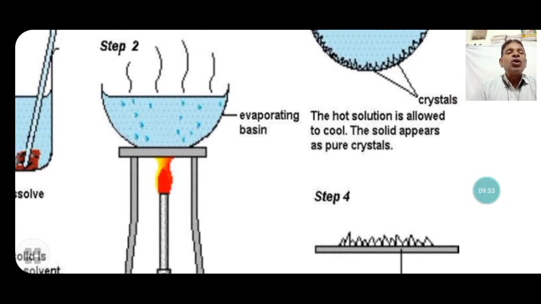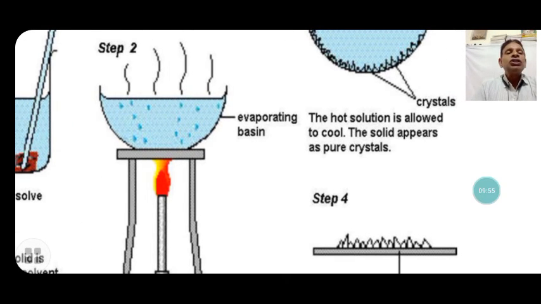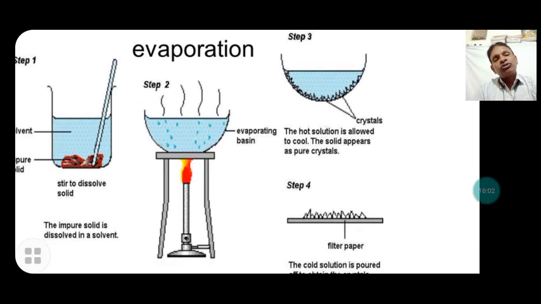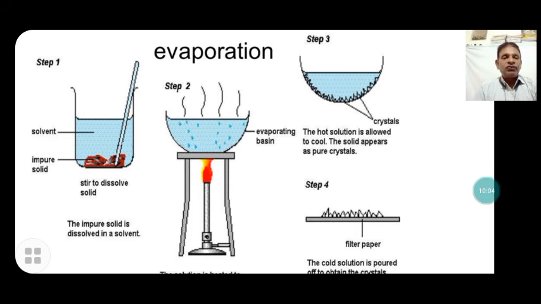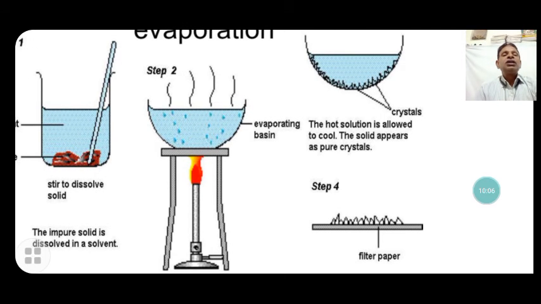Here, the hot solution is allowed to cool slowly. The solid separates as pure crystal. If the solution is supersaturated and very thick, then after cooling, the excess solid dissolved in the solution separates out as crystal.